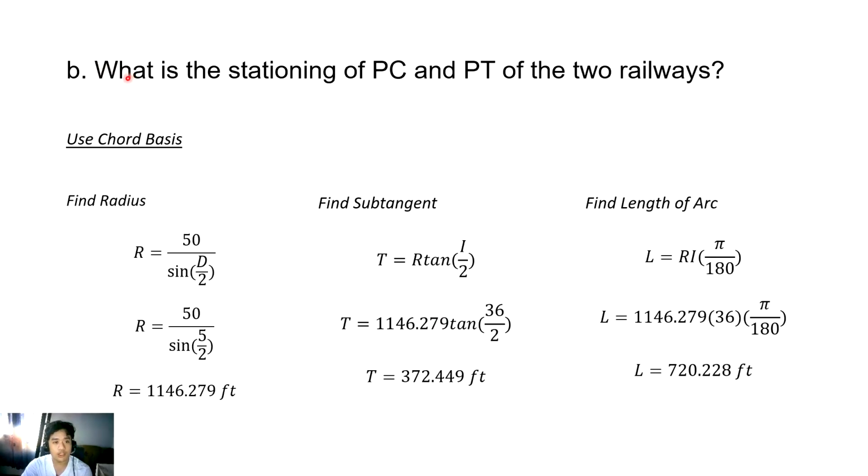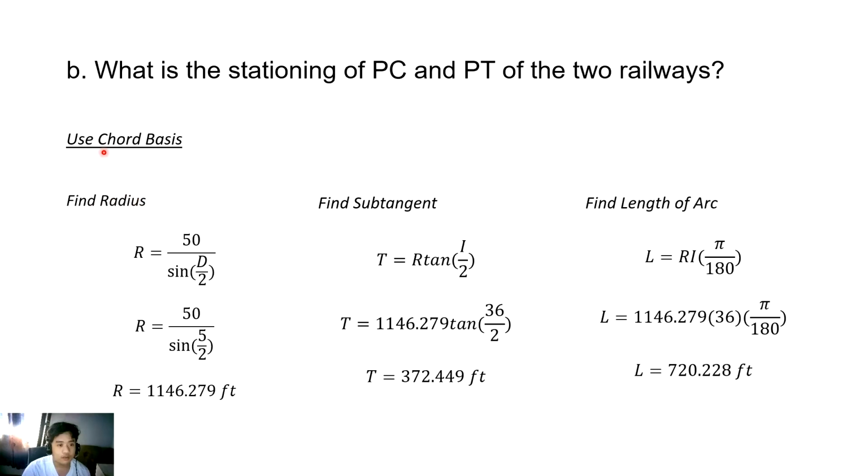So, para naman sa letter B, what is the stationing of PC and PT of the two railways? So, since railways ulit to, gagamit tayo ng chord basis. And the formula for radius ay 50 over sine D over 2. So, kung mapapansin natin, nag-iba ulit siya.